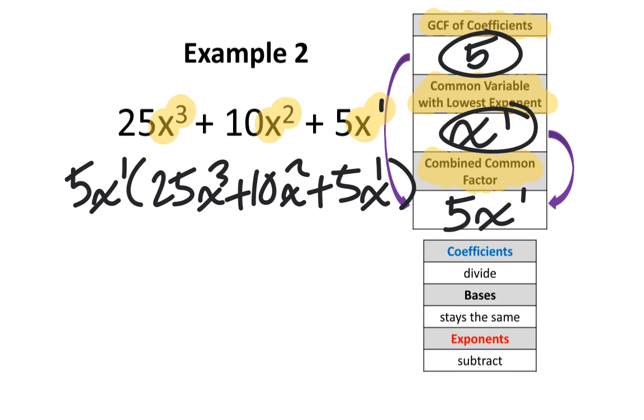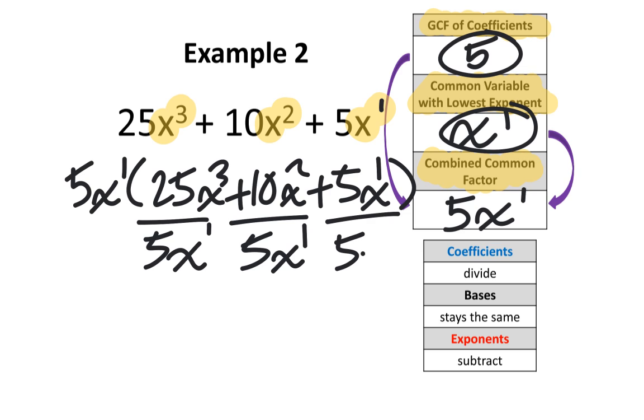Next, you want to divide everything inside those brackets by the combined common factor, which was 5x to the power of 1. The 5x to the power of 1 in front of the brackets is going to stay exactly the same.